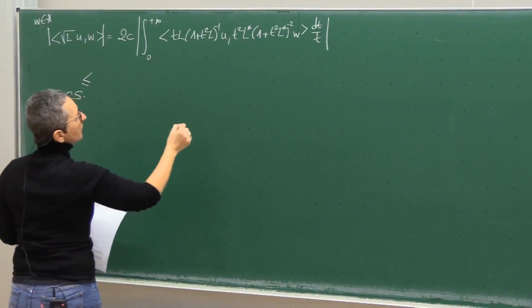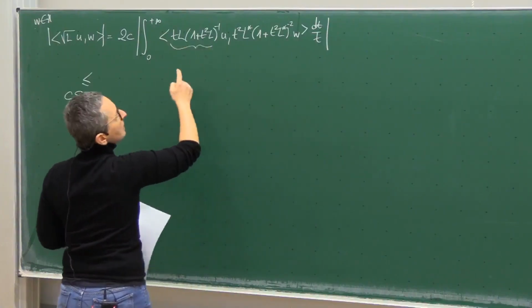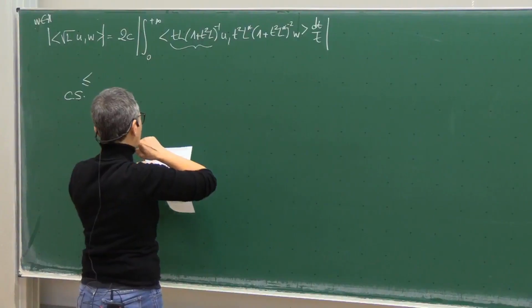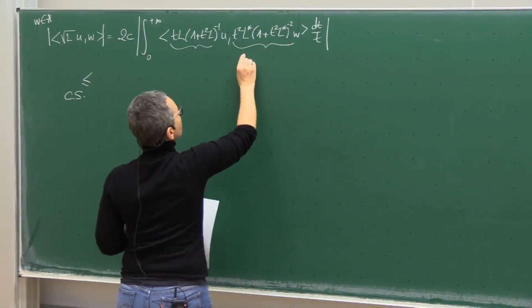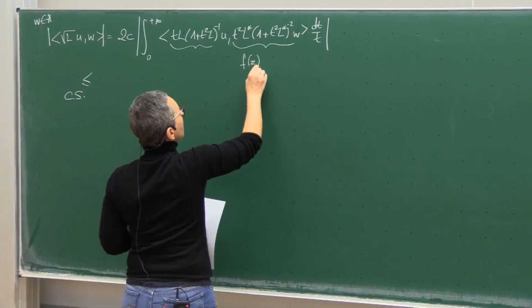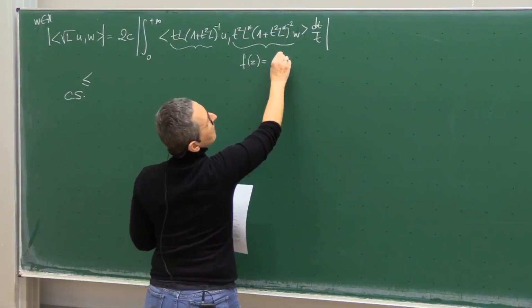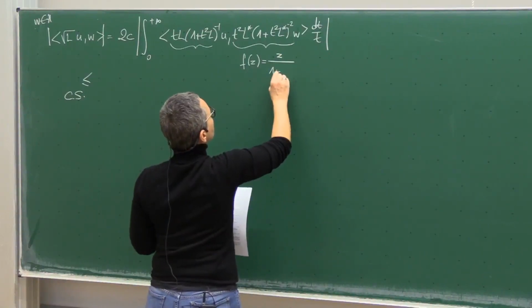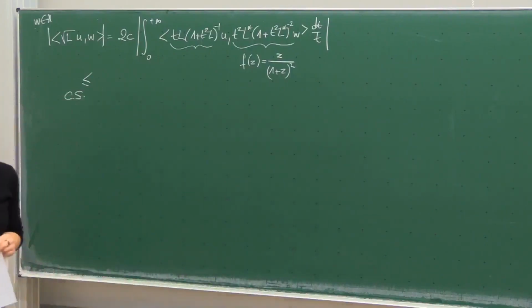So for that, here I have the function f. This is z divided by 1 over z squared. This is also a good function, right?